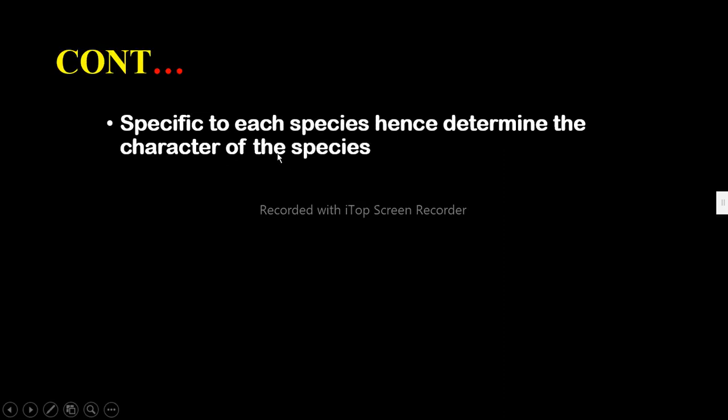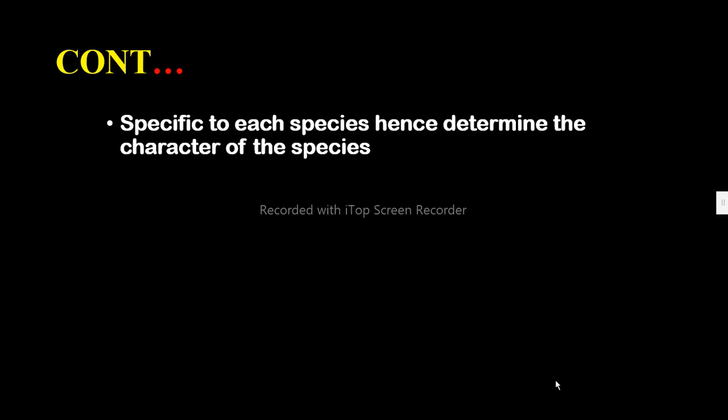So, these proteins are specific to each species, hence they determine the specificity in the characters of the species. That's why species A is different from species B. For instance, let's talk about the specificity.